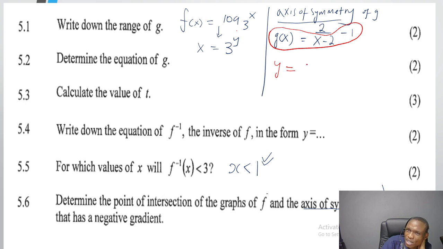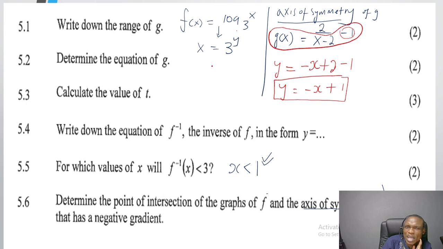So x is going to be negative x, and negative 2 is going to be positive 2. So I multiply this part, x minus 2, by negative. This one, just take it as it is, minus 1. So y equals minus x plus 1. So this is the equation of the axis of symmetry of G.